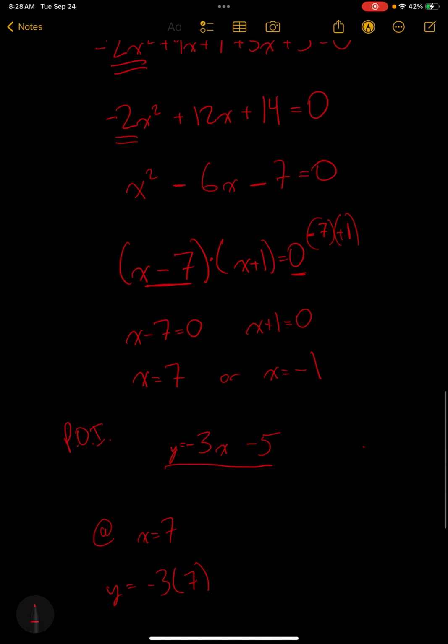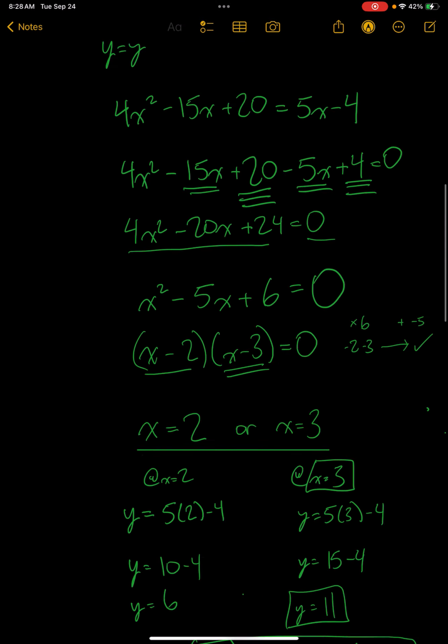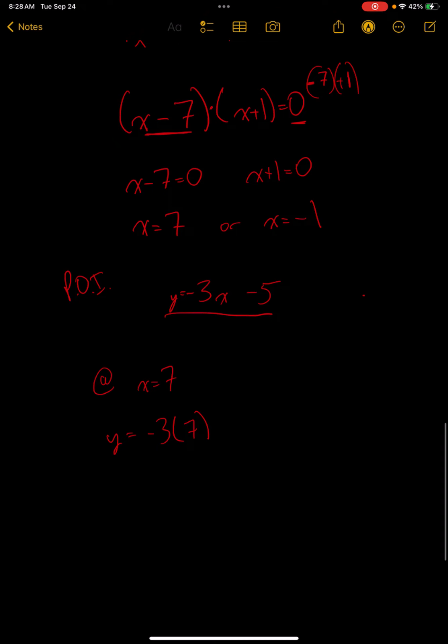Is it minus 5? Let's see, it was minus 3 and minus 5. Okay, minus 5. So y is equal to minus 21 minus 5. Y is equal to minus 26.